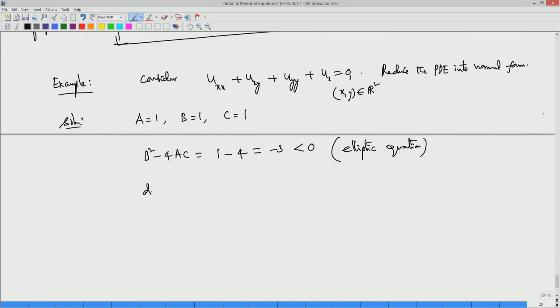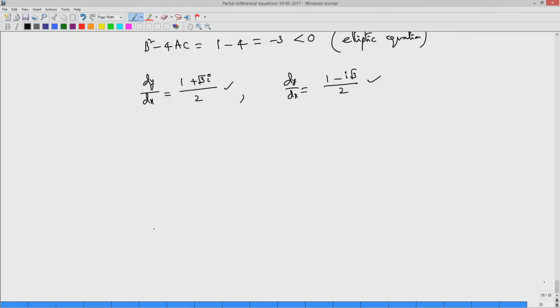Now you consider your xi and eta by solving these ODEs. dy by dx equals B plus square root of B square minus 4AC, that is root 3i, divided by 2A, so that is 2, and the other equation is dy by dx equals B minus square root of B square minus 4AC, that is minus i root 3, divided by 2. So these are the two ODEs you have to solve.